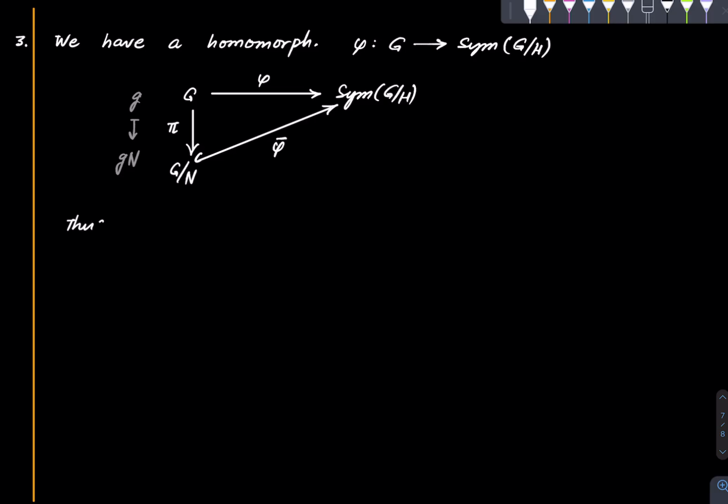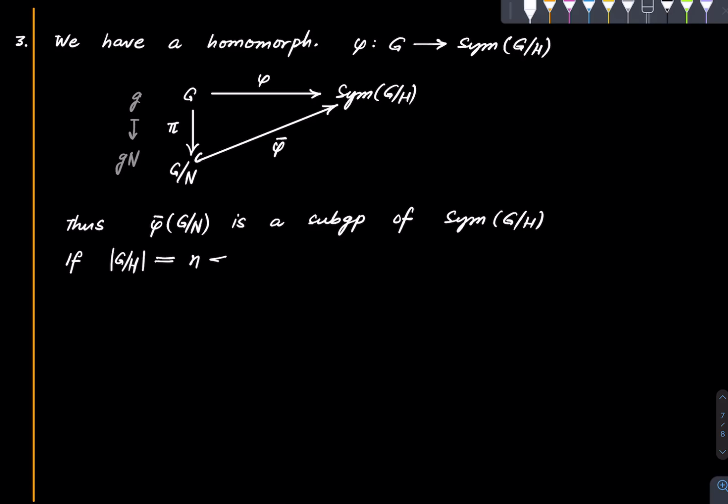Thus phi bar of G mod N is a subgroup of this thing. So if this is finite, let's say some number n, which is finite.